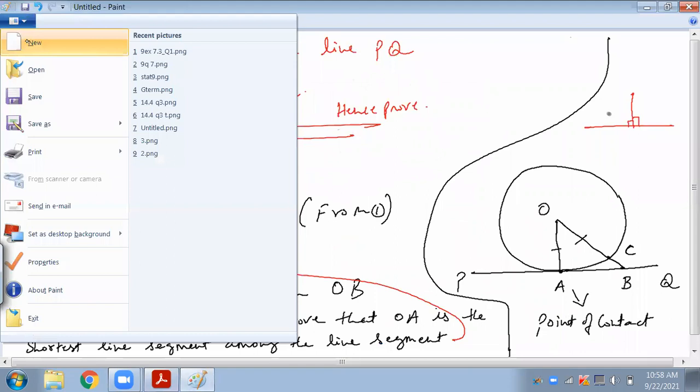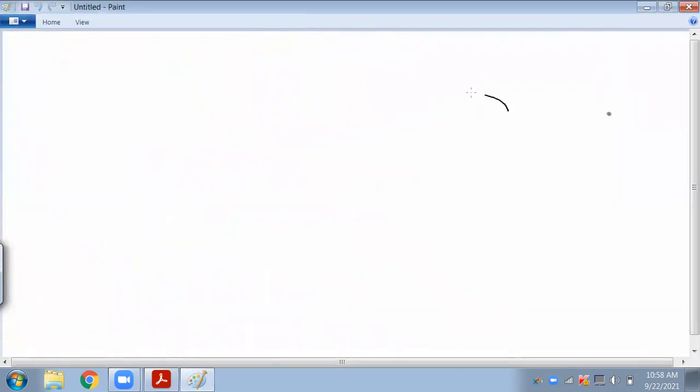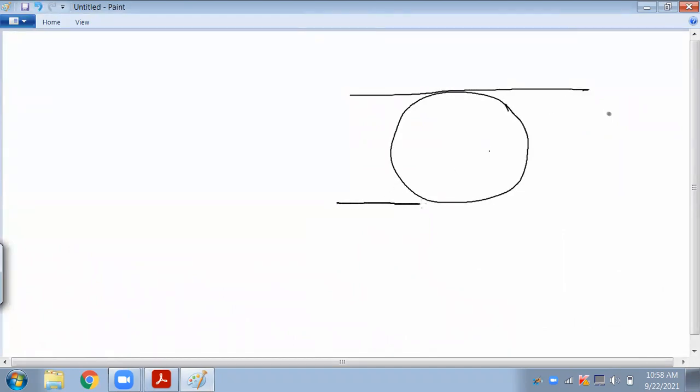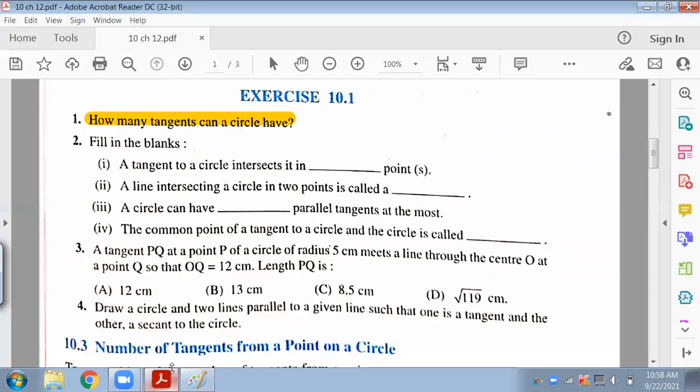If we have a circle, how many parallel tangents can we have? We can have only 2 parallel tangents. The common point of a tangent to a circle and the circle is called the point of contact.